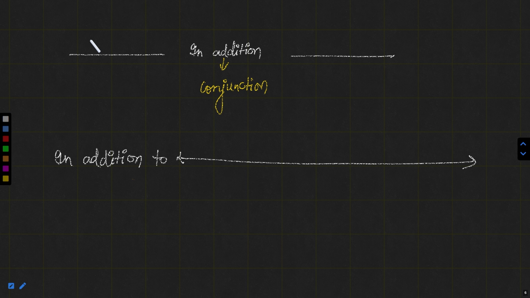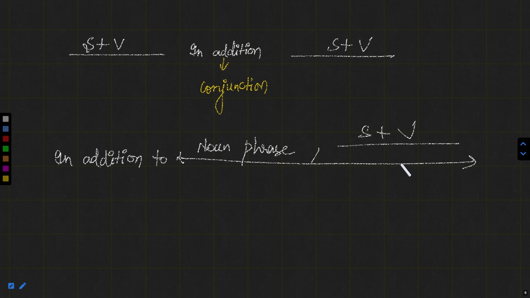Here we are writing the entire sentence or the structure like subject plus verb, here as well subject plus verb, but here we write the noun phrase, and after that we write the entire sentence, that is subject plus verb like structure. Okay, so here "in addition to" can begin a sentence, it is used as a preposition, whereas "in addition" is used as a conjunction.